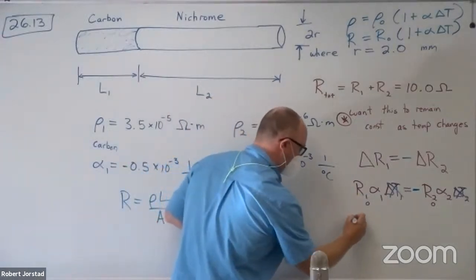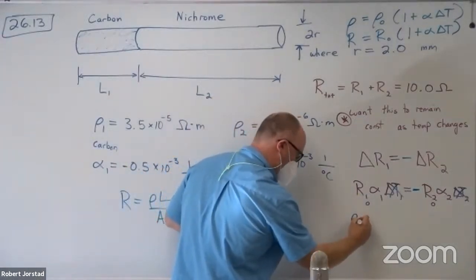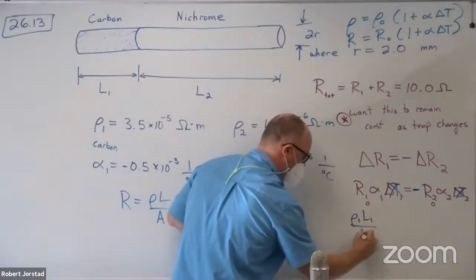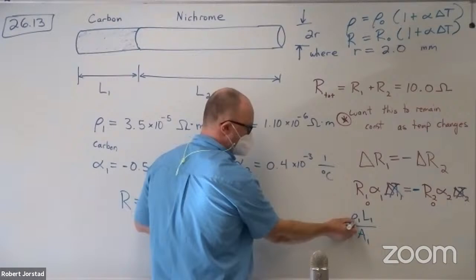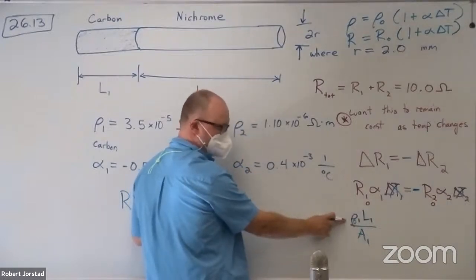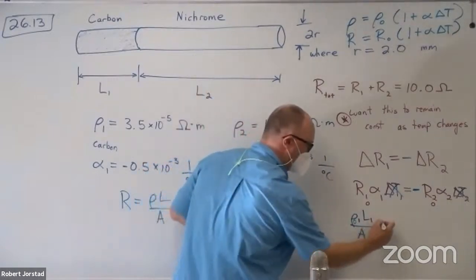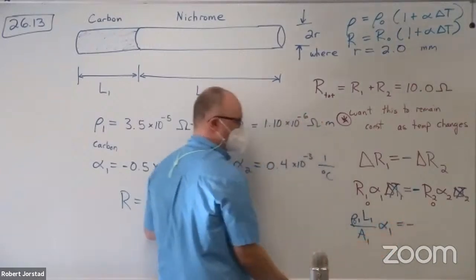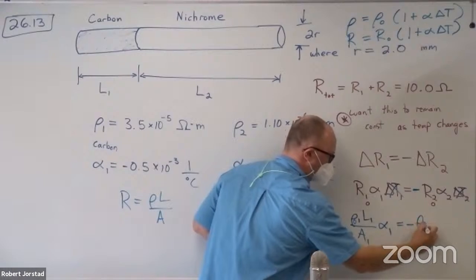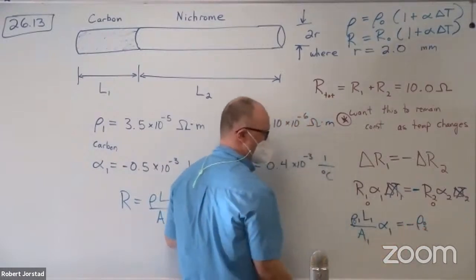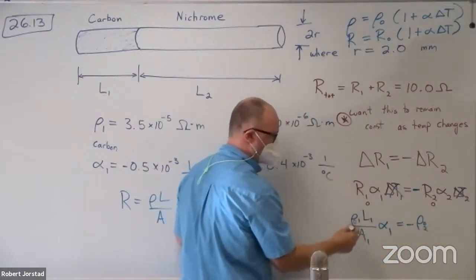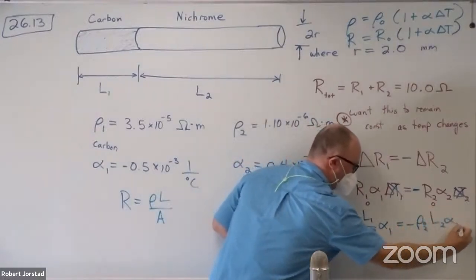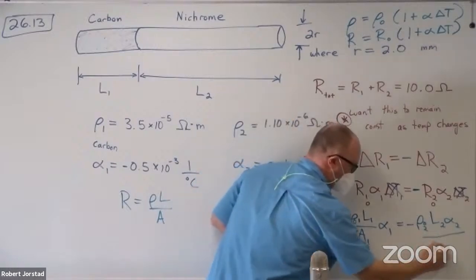And that gives us rho 1, length 1 over area 1 at temperature 20 degrees, times alpha 1, should equal negative rho 2 at 20 degrees, length 2, alpha 2 over area 2. I'm sorry, my subscripts look so bad here.